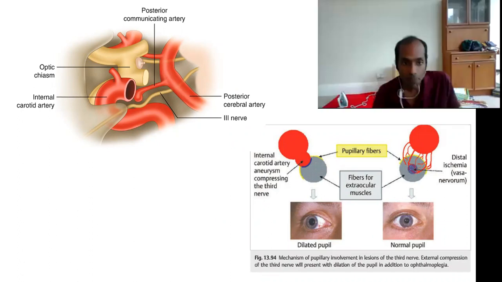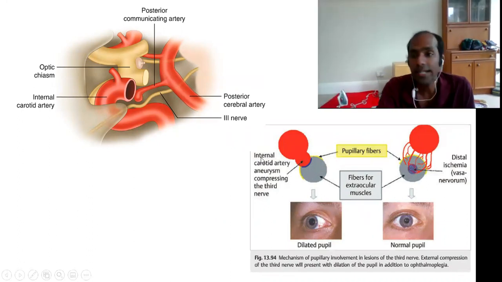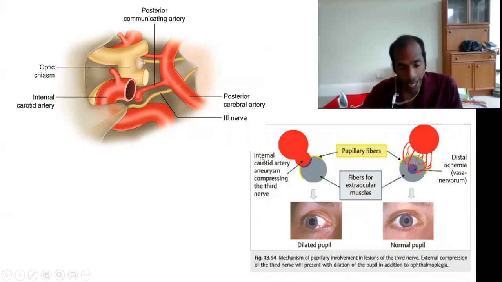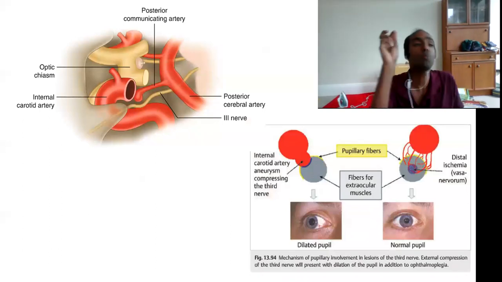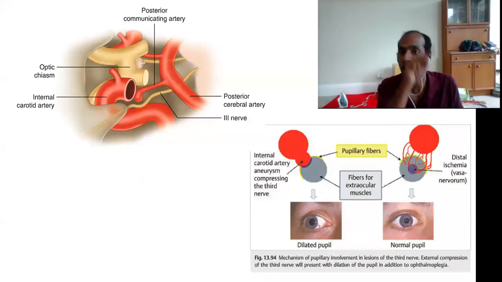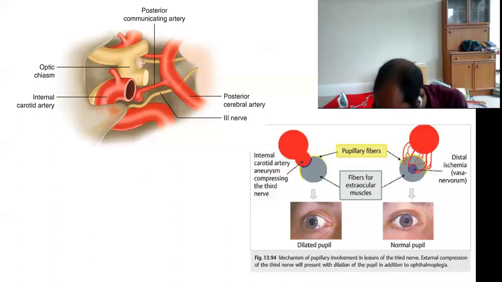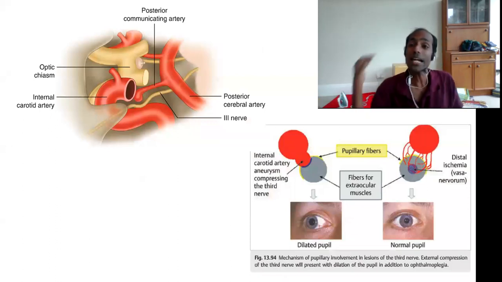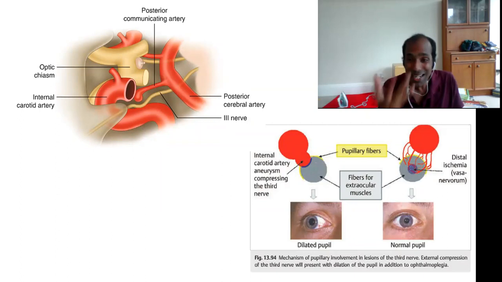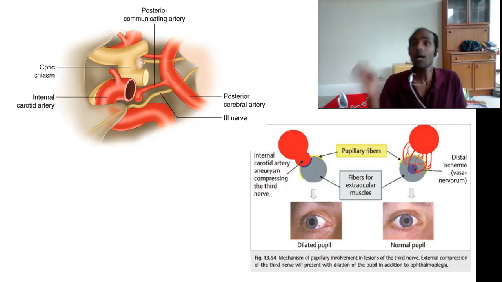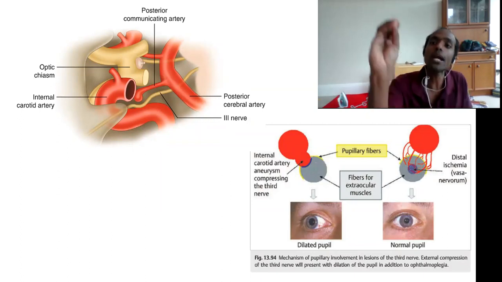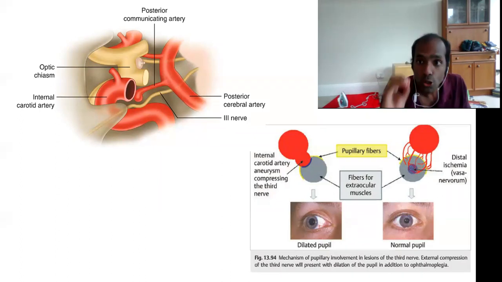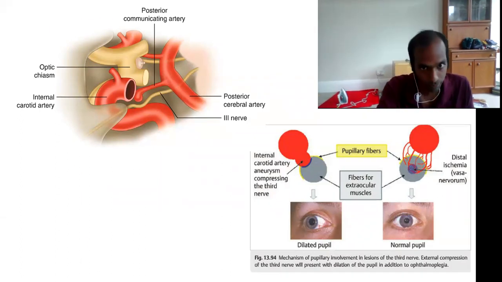Aneurysms can cause compression there, and that can cause isolated third nerve palsy with pupillary involvement, because the pupillary fibers are on the outermost aspect of the third nerve. Isolated third nerve palsy can also be due to medical causes like diabetes and hypertension. But there the pupils are usually spared in that condition.